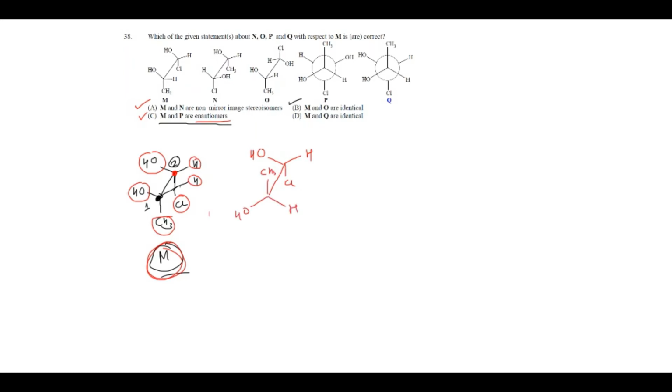Now to compare again, we need to rotate this single bond 180 degrees. That means H, OH, Cl. So this is carbon 2, and after rotation the CH3 here will come down, this H will come here, and this OH will come here.